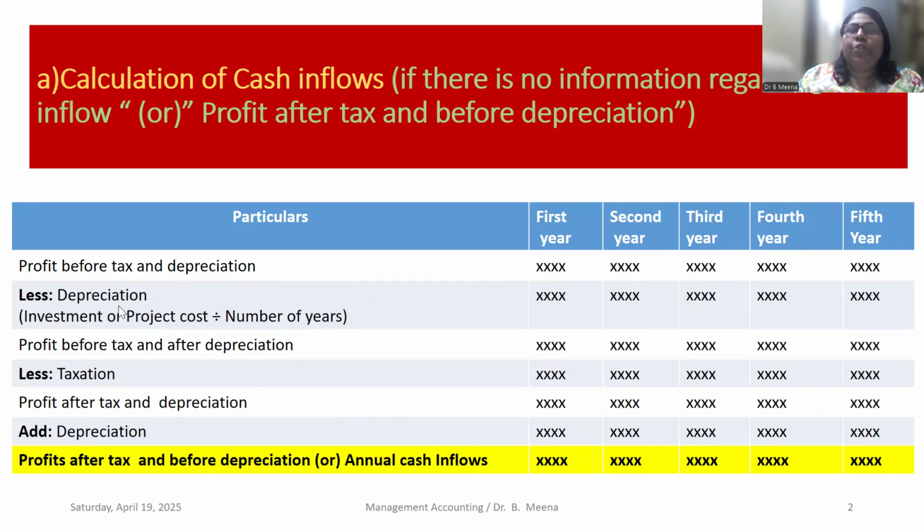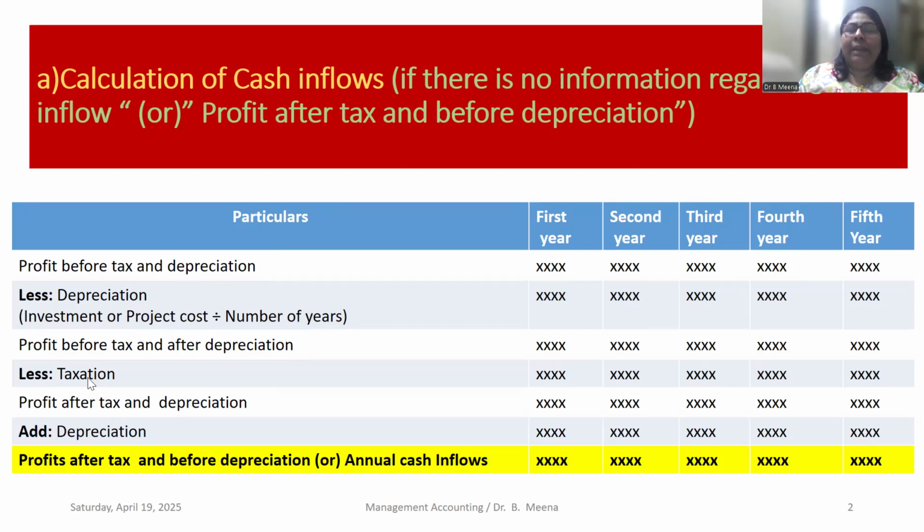From that, we need to deduct the depreciation first of all. If the depreciation amount is not given in the question, we need to work it out by applying the formula: project cost or investment divided by number of years. That tells you the value of the depreciation. So deduct the depreciation from profit before tax and depreciation, then the answer is profit before tax and after depreciation.